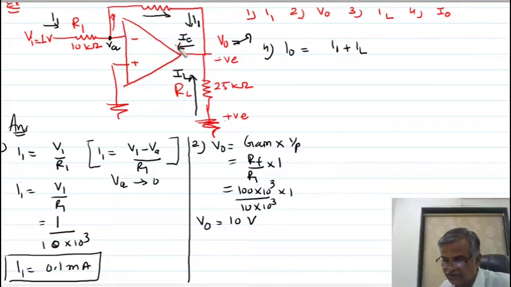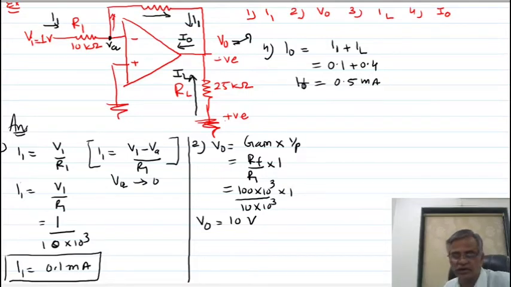So IO is nothing but I1 plus IL. I1 we calculated 0.1, IL we calculated 0.4, so your answer is 0.5 milliampere. This is your output current going inside the output pin of the IC.